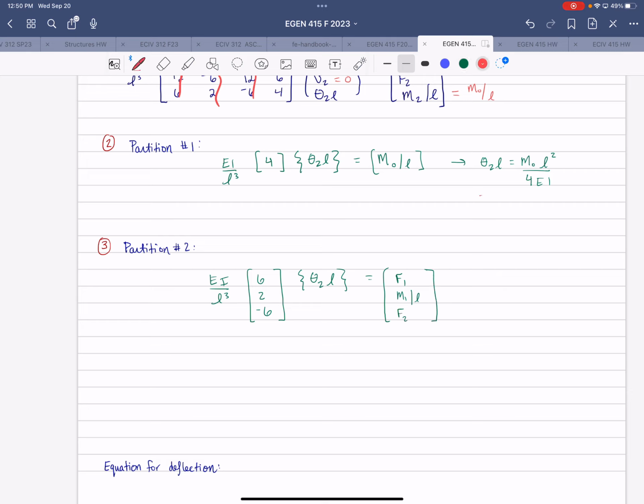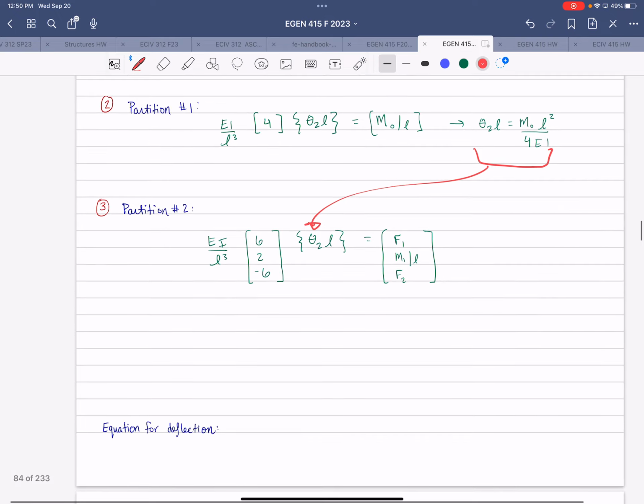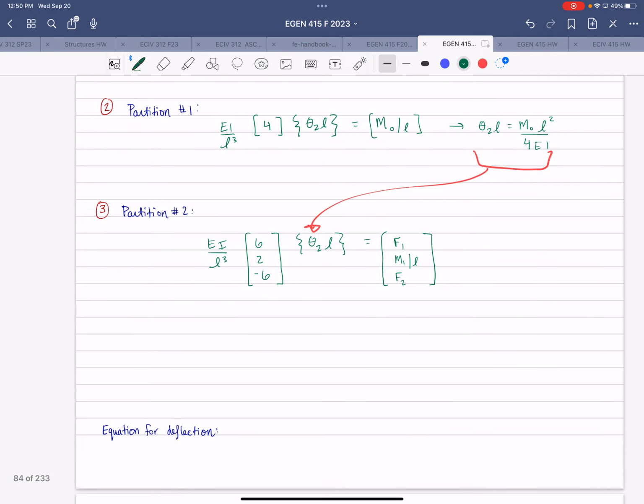Set that equal to the reaction forces. All right, so here we are going to be plugging in that for theta 2L.